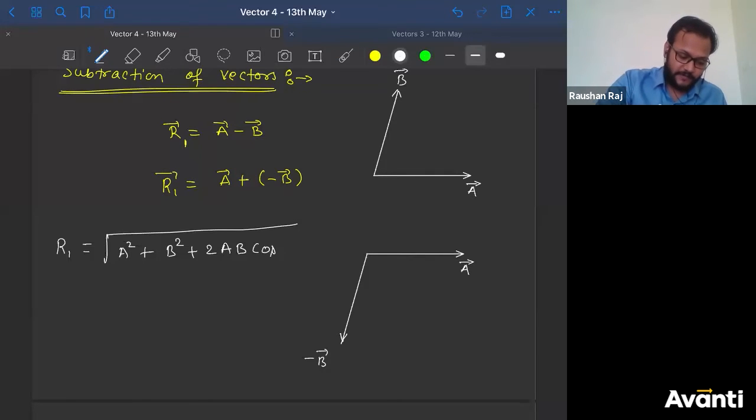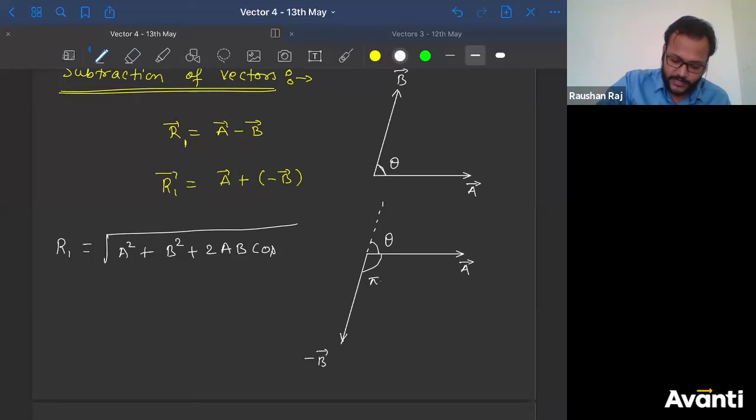If I give you that the angle between A and B is theta, tell me what will be the angle between A and minus B. Let me show you. If I extend this upward, can I say this was the angle theta? So what will be this angle? This is nothing but 180 minus theta or pi minus theta.